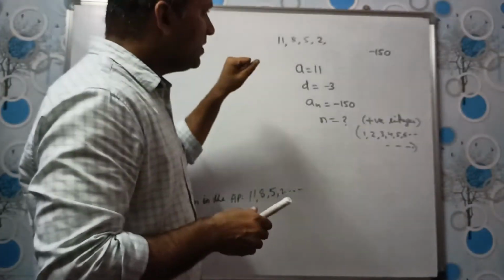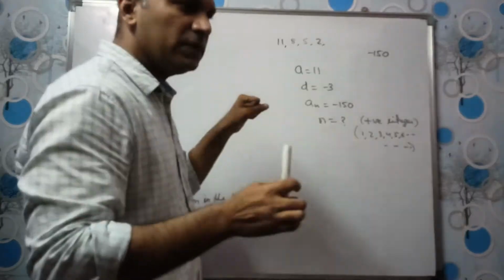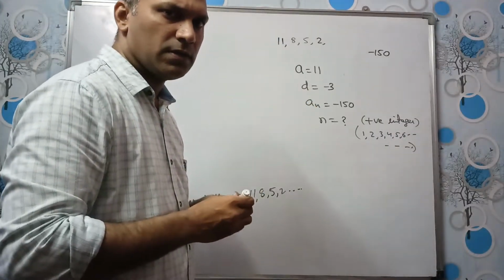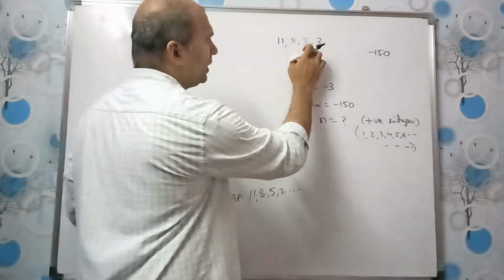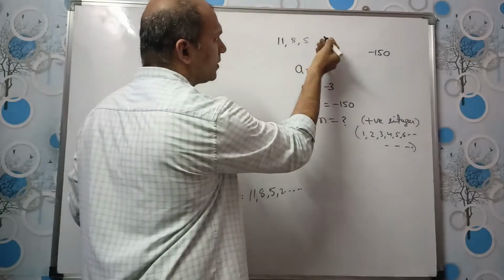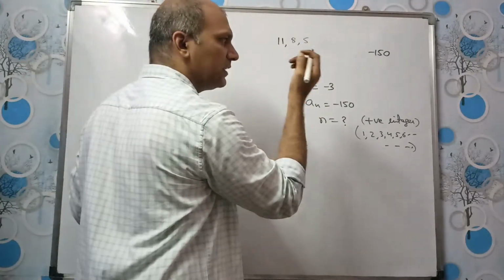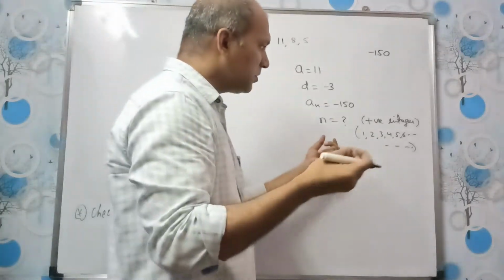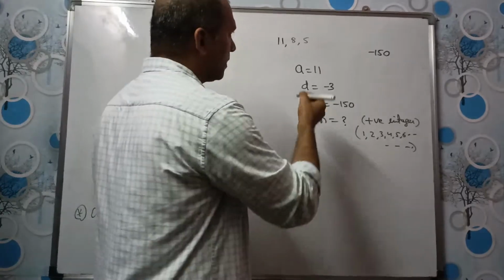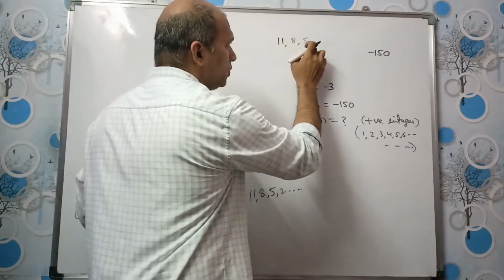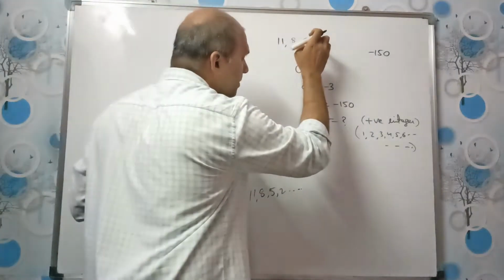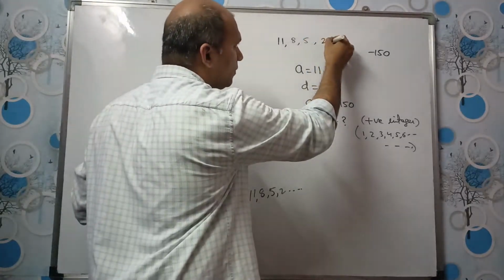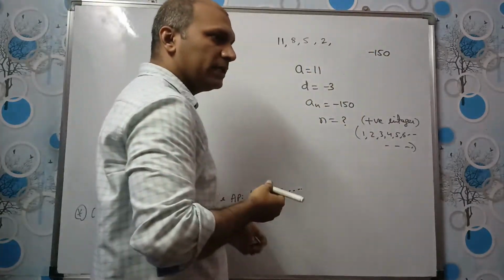So can we say a series is having 3.5 terms? 1, 2, 3. 3 terms. Can we say a list is having 3.5 terms? Can the number of terms be in fractions? No, right? The number of terms can be either 3 or 4, or 5, 6, 7, 8, like that.